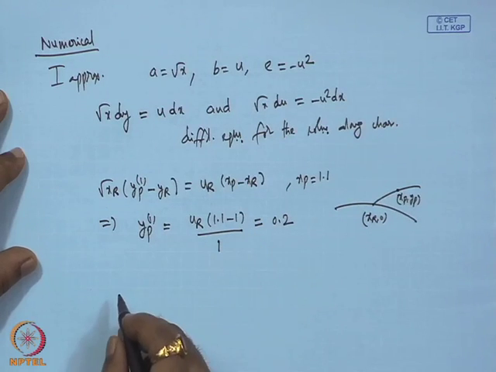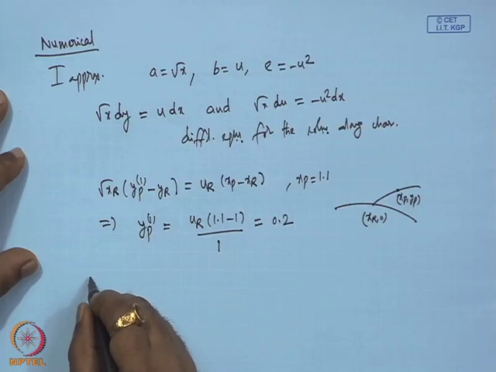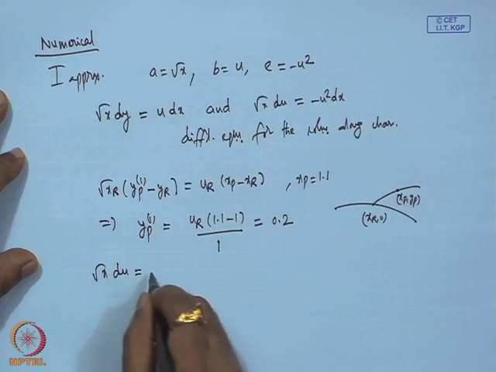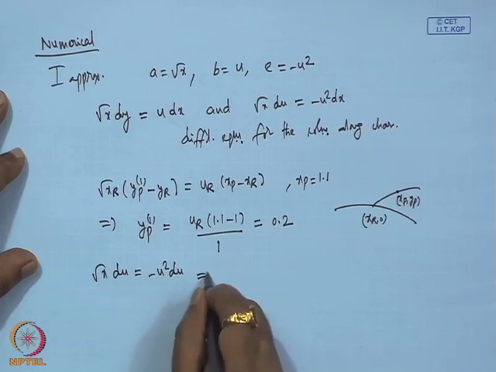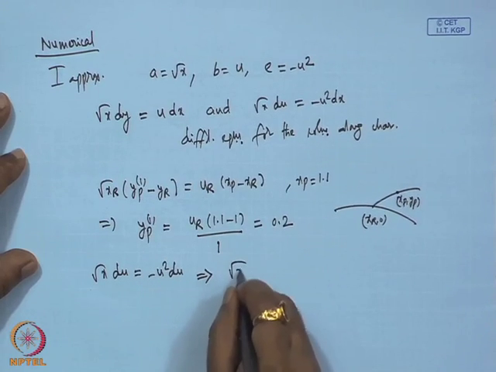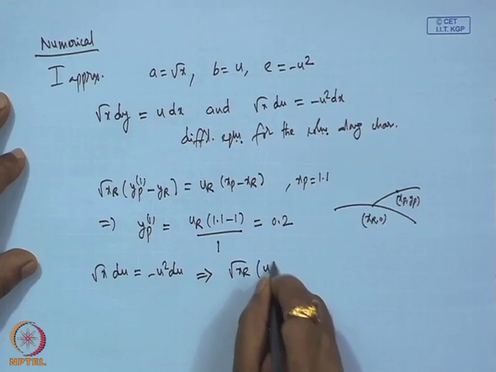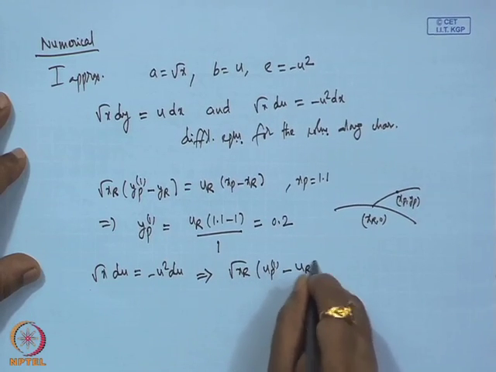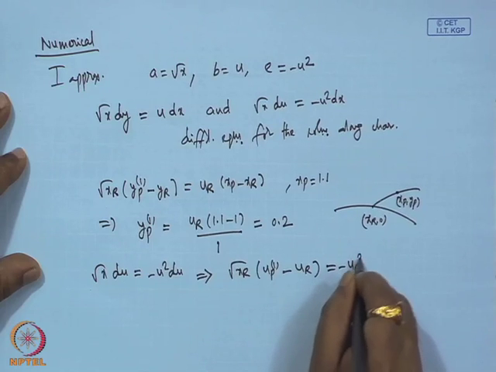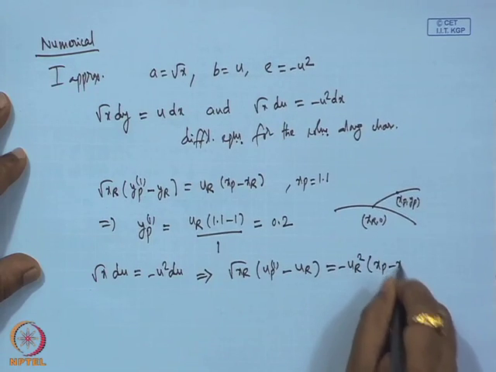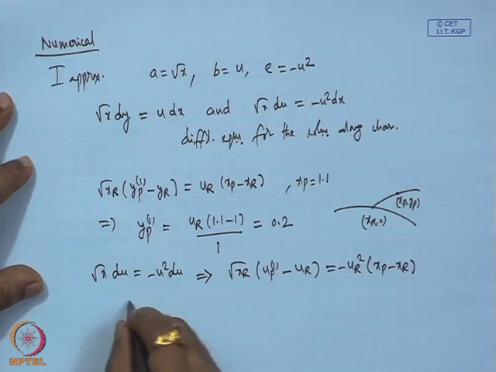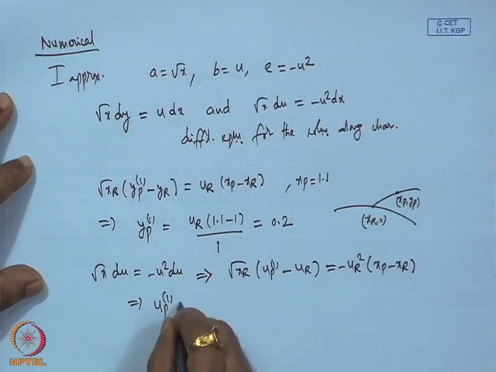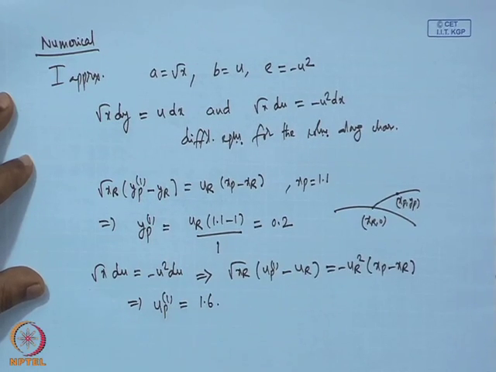So, now consider this, this implies, okay. So, now from here we get u p 1. So, y p and then we got this, right.